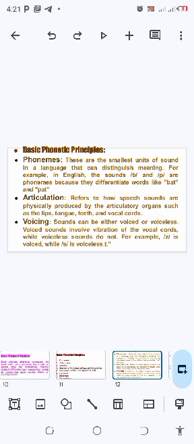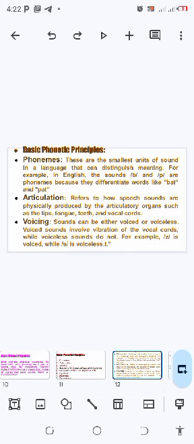The next one is voicing. Sounds can be either voiced or voiceless based on the natural value of each phoneme. You cannot force a sound that is voiceless to be voiced, and you cannot weaken a sound that is voiced to make it voiceless. So you have to be able to distinguish between a voiced sound and a voiceless sound.